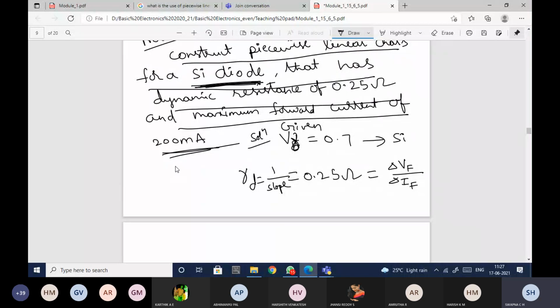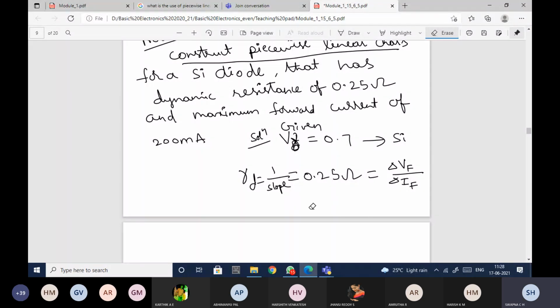Can anybody tell me what is that he has given? Maximum forward current. What does it mean?